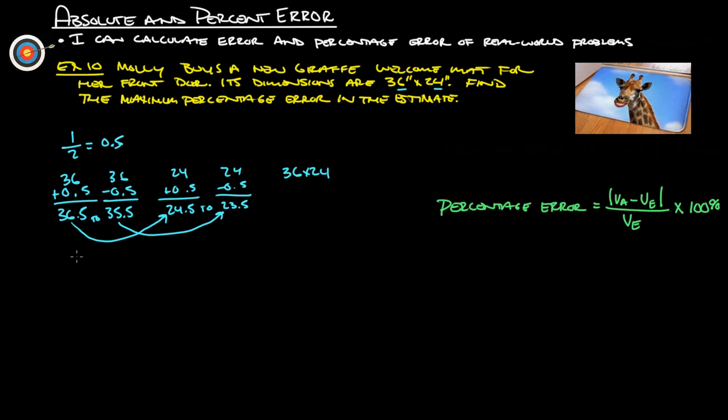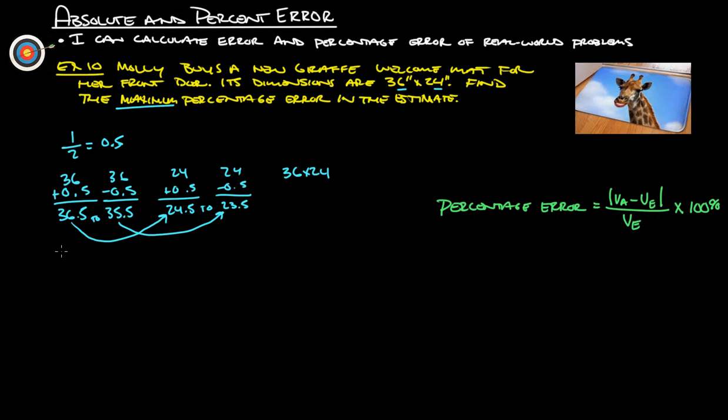So really we have to figure out the area of the big rectangle, the area of the small rectangle, and then find the percentage error of each. We'll choose the biggest of those two, because that would be the maximum percentage error in the estimate.